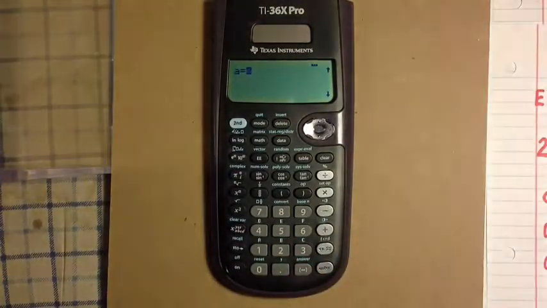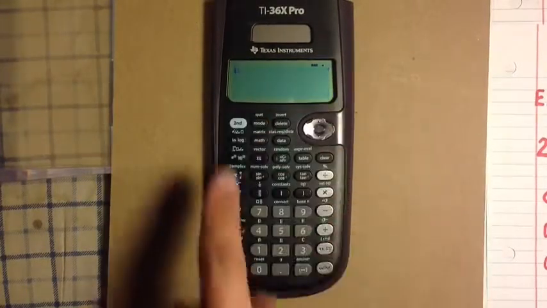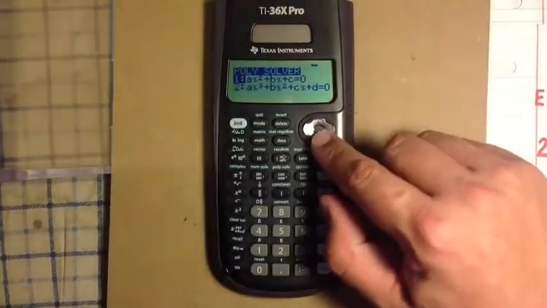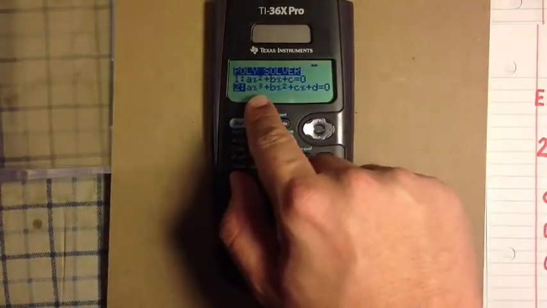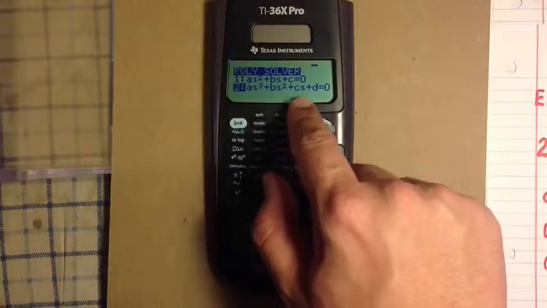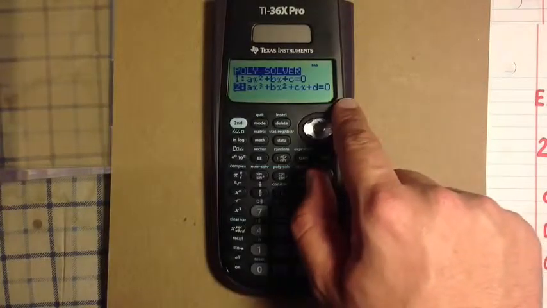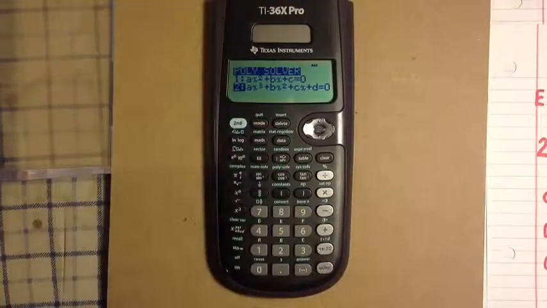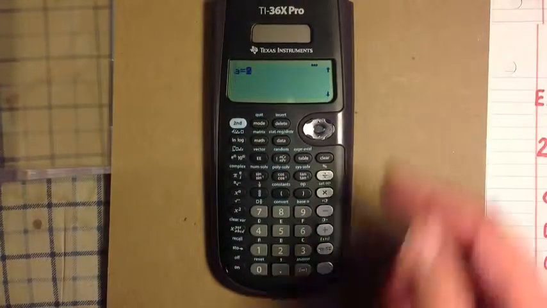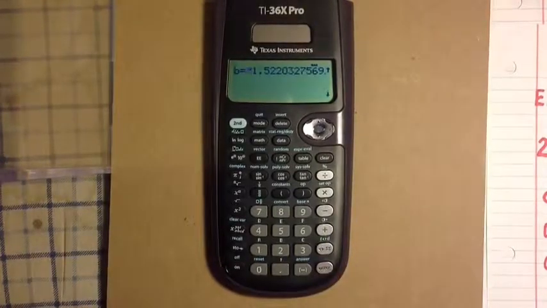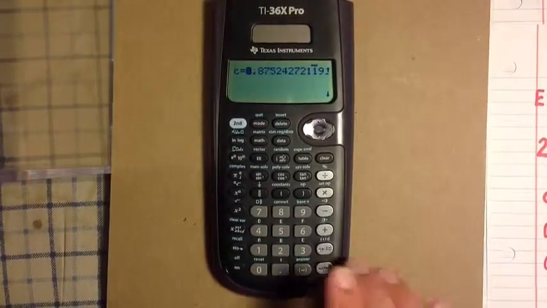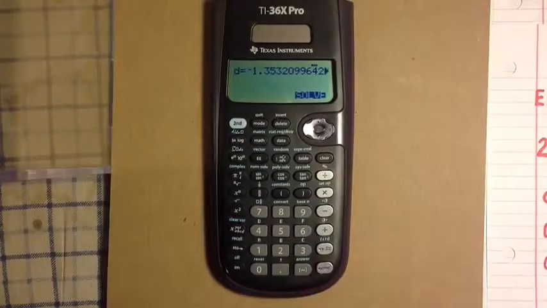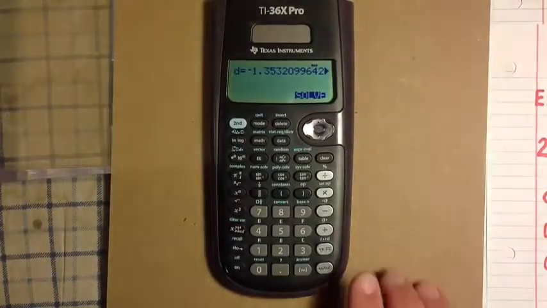And note, one of the benefits of storing the proper variables, if I can just exit out of here just a second, note that you have ax cubed plus bx squared plus cx plus d is equal to 0, and the calculator takes the values from a, b, c, and d. So I can just hit enter, enter one more time, enter one more time, once more, solve is highlighted, press enter.